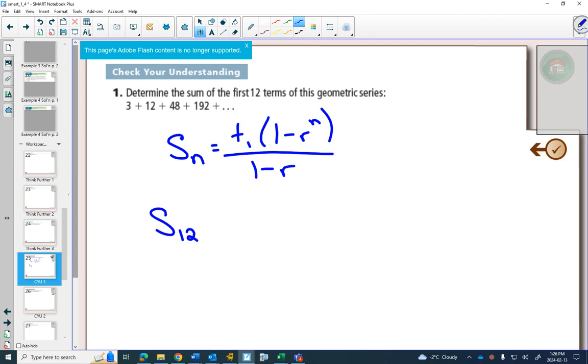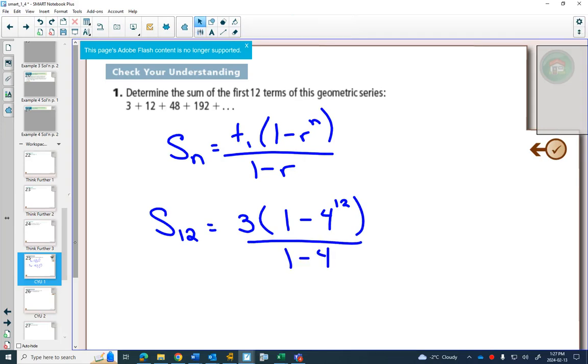Do you know term 1? Yes. Our term 1 is 3. Mental math, can you tell what you're multiplying by? 4. Perfect. And since n is 12, this will be 4 to the 12 over 1 minus 4.